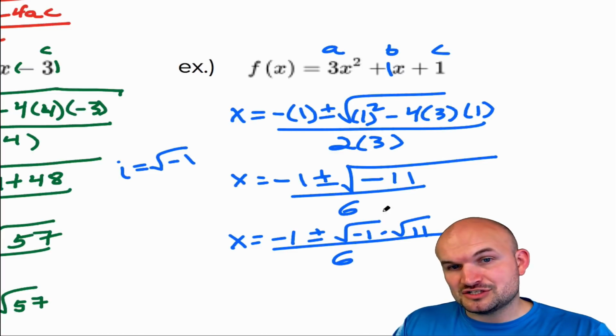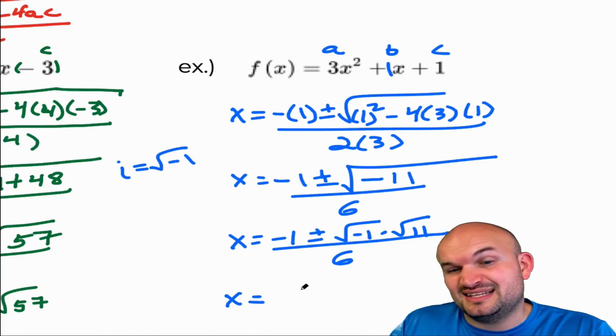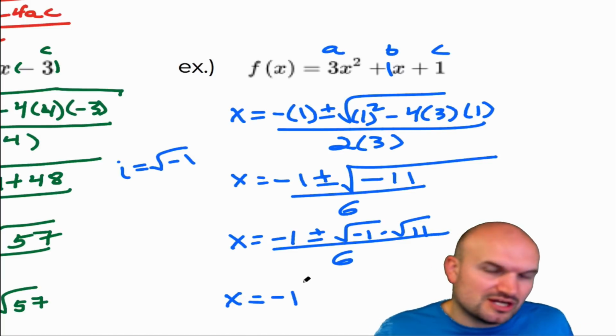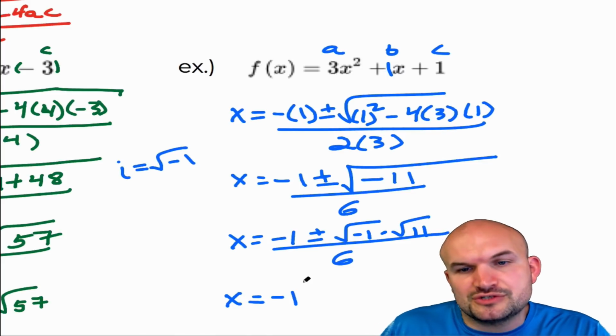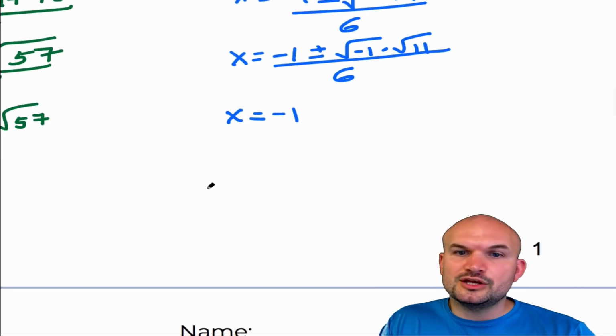Now, what that allows us to do is rewrite the square root of negative 1 as i. So that's the answer as far as the complex solutions. Now, if the directions were just talking about the real solutions, you would say there are no real solutions. But we do talk about complex solutions in the class.